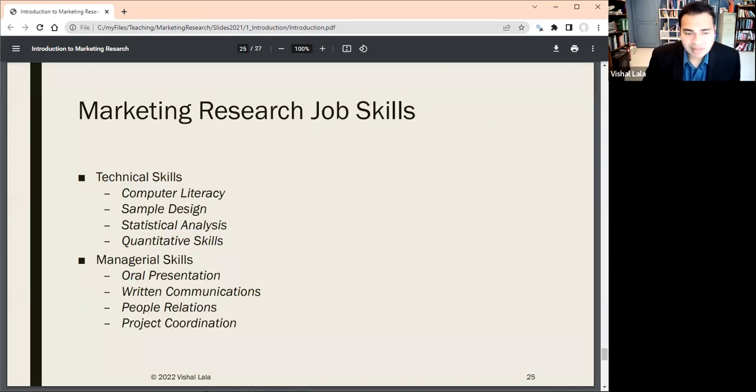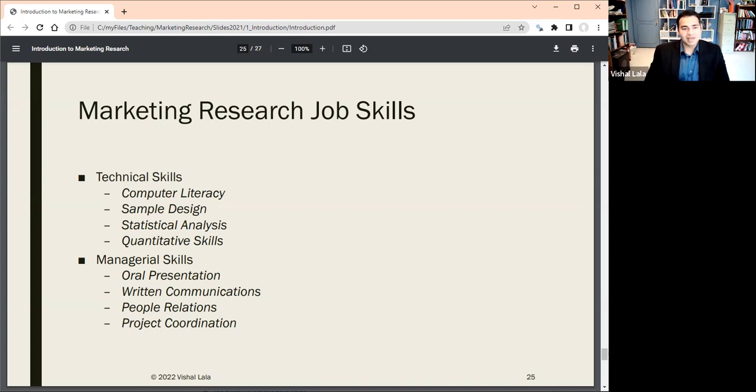Some key job skills that are expected or required to do well in marketing research include good technical skills. These include being smart with computers, being able to leverage computers effectively to gather, analyze, and report data. To be able to conduct statistical analysis, enabled by computers, of course, and have good quantitative skills.